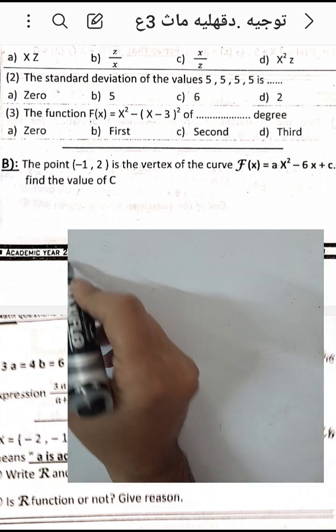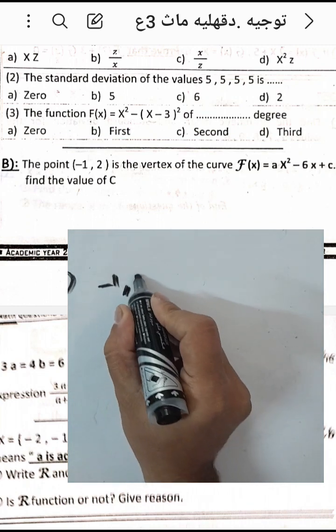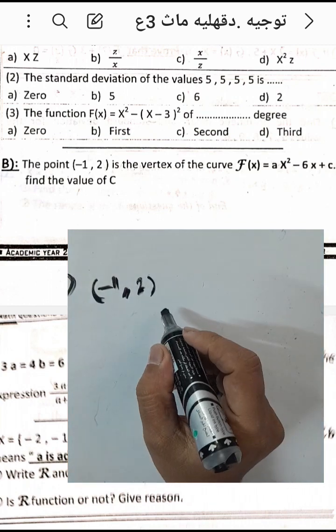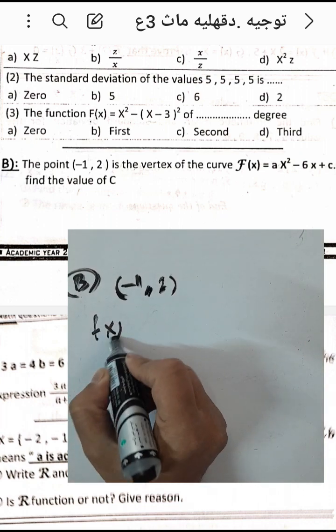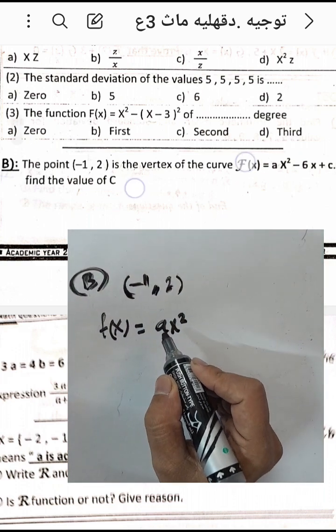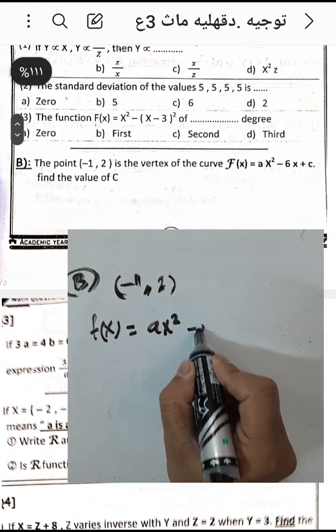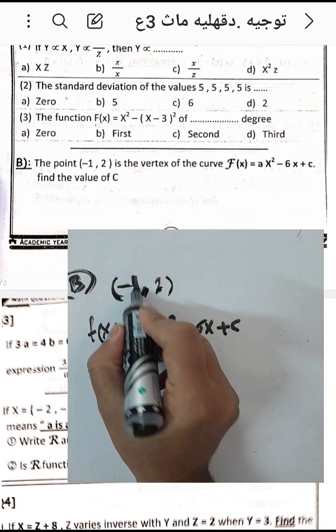Next question. The point (-1, 2) is the vertex of the curve f of x equals ax power 2 negative 6x plus constant c. Find the value of c. He gives us this point as the vertex.